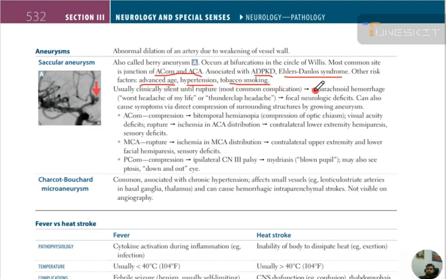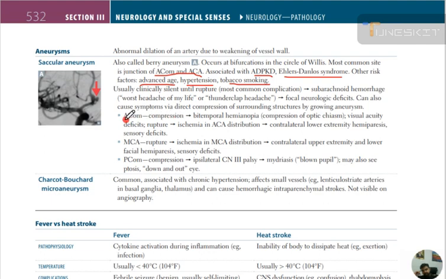The most common complication is subarachnoid hemorrhage and the worst headache of my life, as we have discussed previously, or thunderclap headache. There is focal neurological deficit, and it can also cause symptoms via direct compression of surrounding structures by the growing aneurysm.